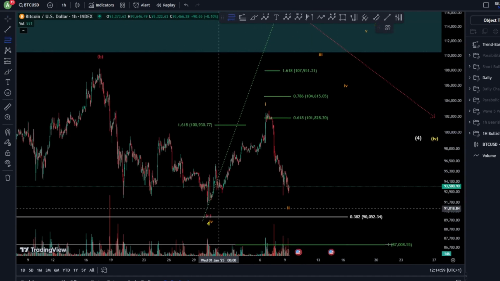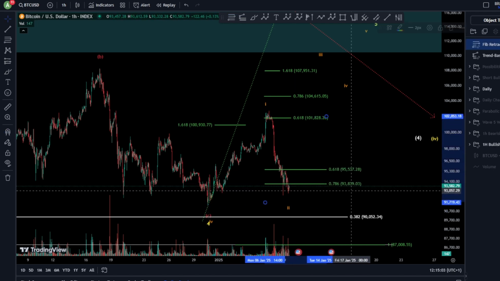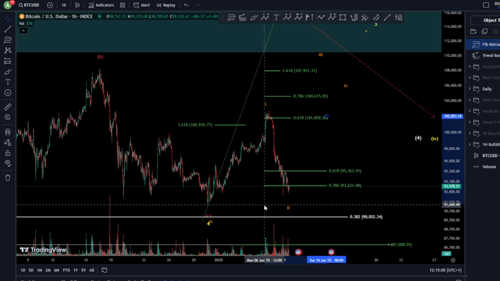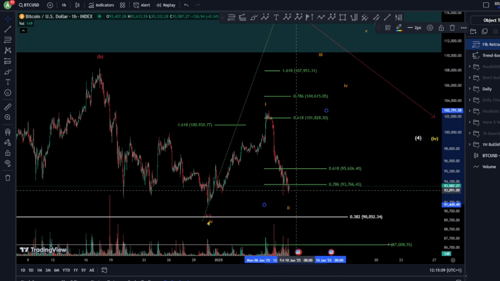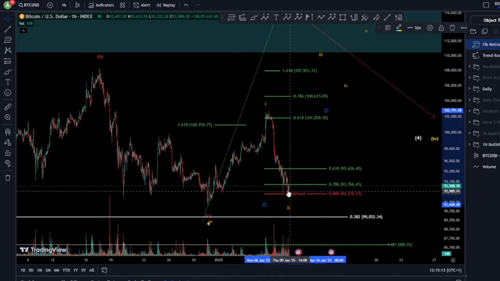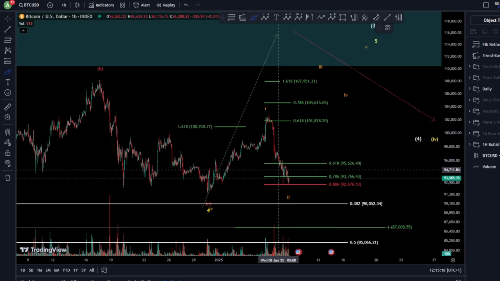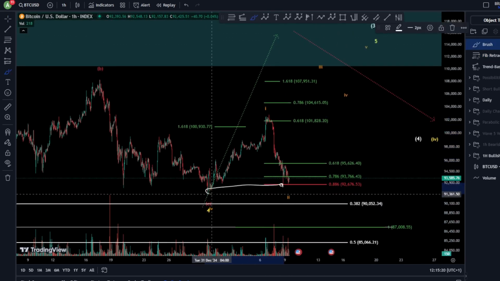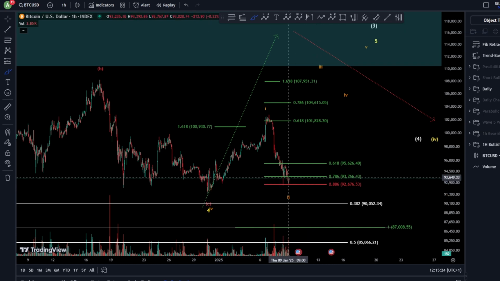Now, if we take the fib levels from this bottom to this one for a wave 2, you can see clearly that we have overshot the 0.786, which is not really nice to see for a wave 2. The 886 has already been touched, I think, twice right now. However, it should take the low again.